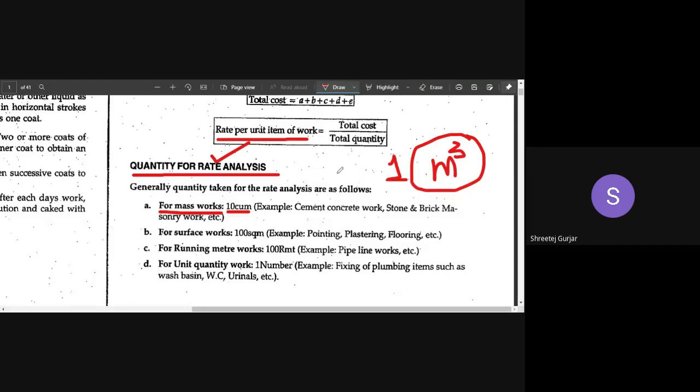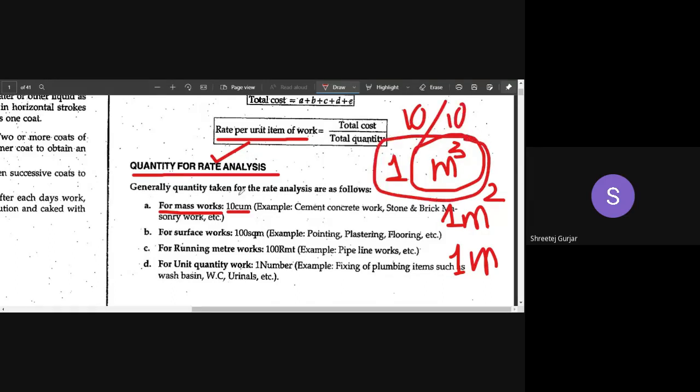What we want is the rate analysis per meter cube, or per meter square, or per running meter. So initially we assume that we are doing 10 cubic meter work, then we divide that by 10 so that we get 1 meter cube. So this assumption is very important.